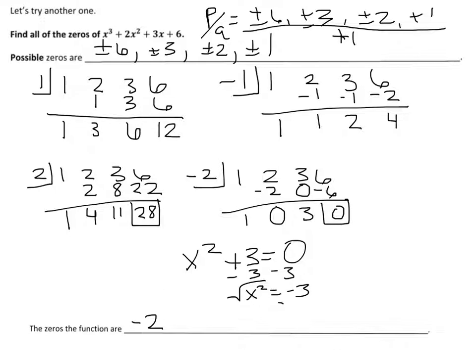And if I take the square root of that, I can't take the square root of negative 3, but I can go ahead and bring an i out so that I have i times plus or minus square root of 3. So our other roots are going to be i times the square root of 3 and negative i times the square root of 3.